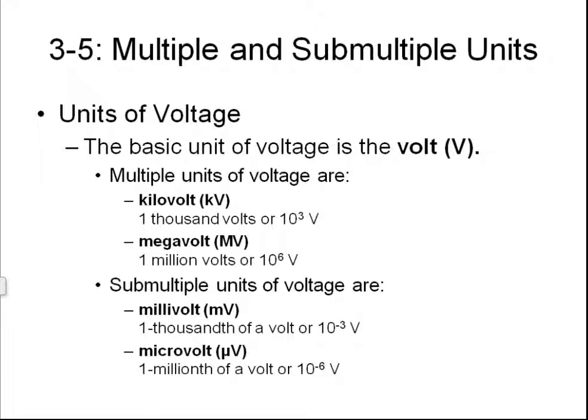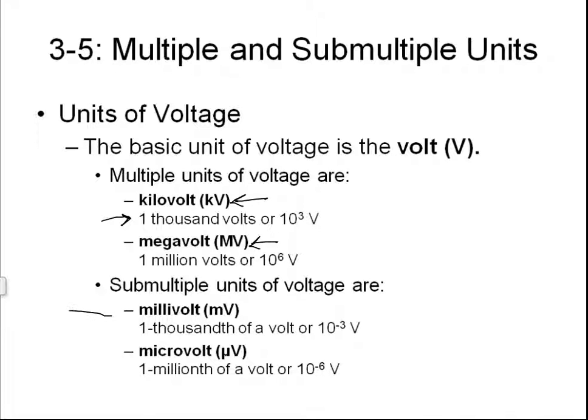Now, the units of voltage. I keep going back to using metric forms. So when you're talking thousands of volts, you're talking 10 to the third, or the kilovolt. If you're up in the megavolt range, you're talking megavolts.